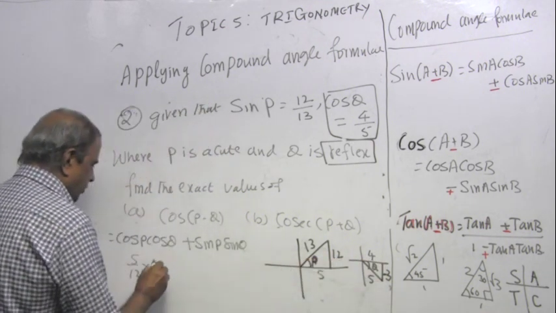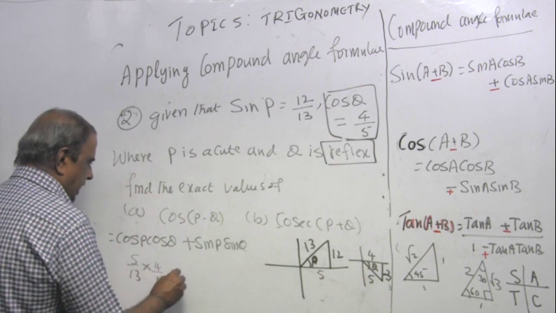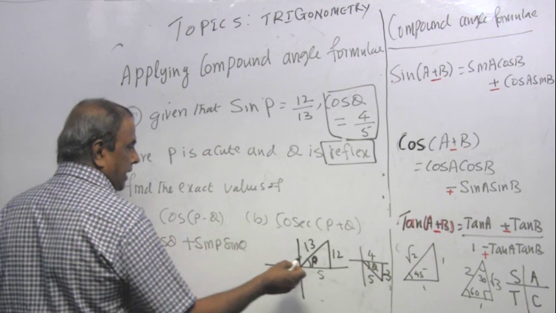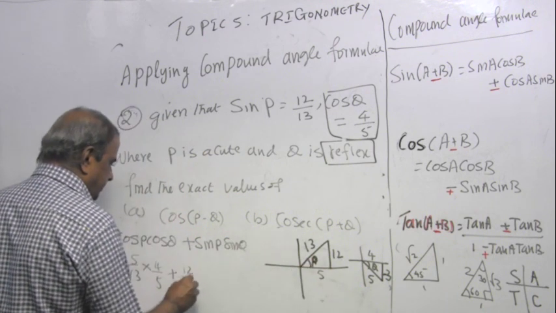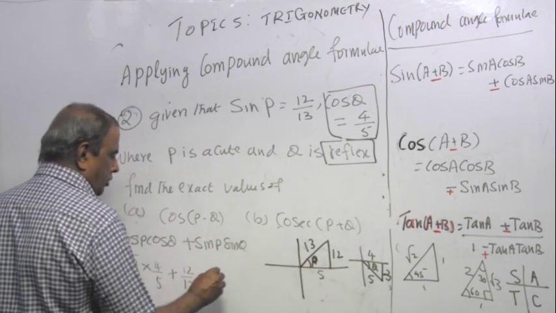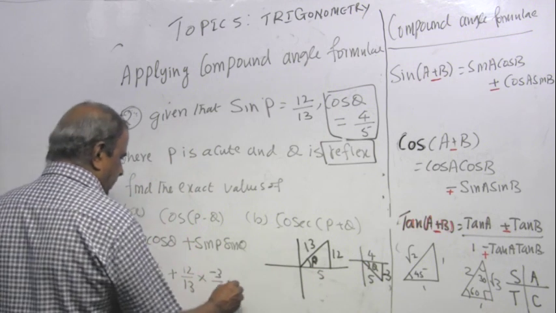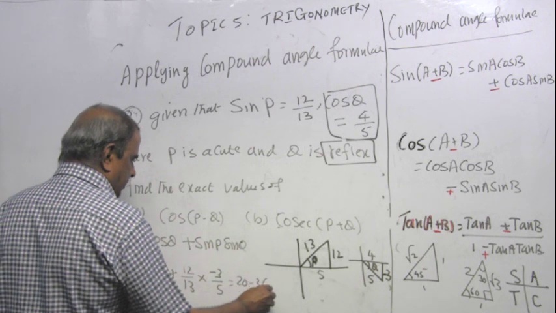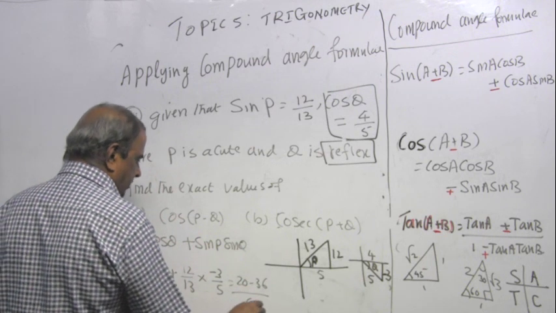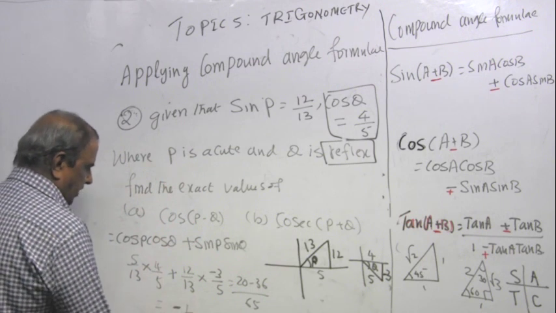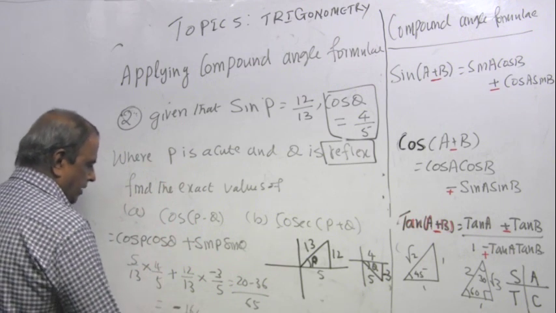Adjacent over hypotenuse, 4 over 5, plus sin P. Sin P is 12 over 13. Sin Q is minus 3 over 5. So it is 20 minus 36 over 65, which is minus 16 over 65.